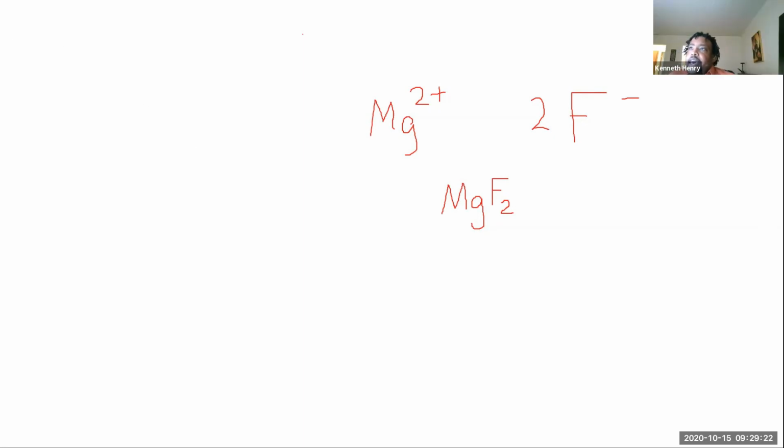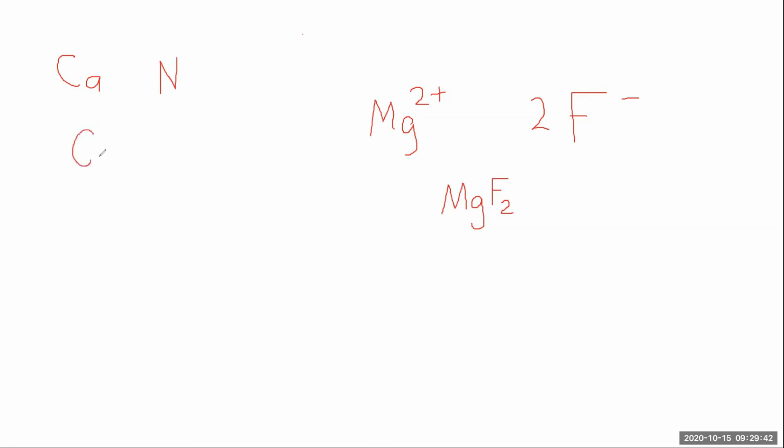Okay, so let's say we have calcium and nitrogen. So what ion is calcium going to form? +2. And what about nitride or nitrogen? -3.